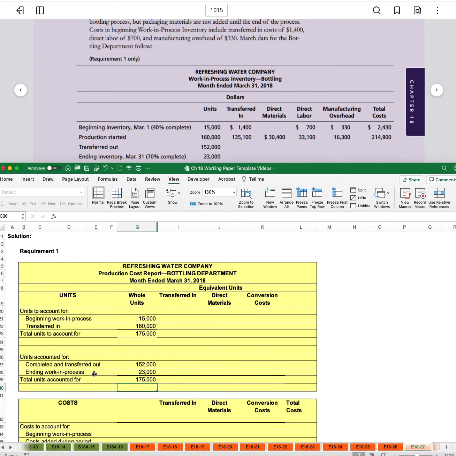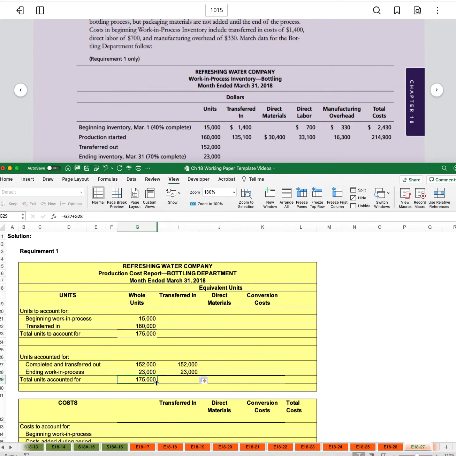Units to account for and accounted for are the same. So it's a good sign for us to keep moving forward. As far as transferred in goes, this is going to be 100% because if they're transferred in, the costs have been added to those already from the previous department. So those are both 100%.